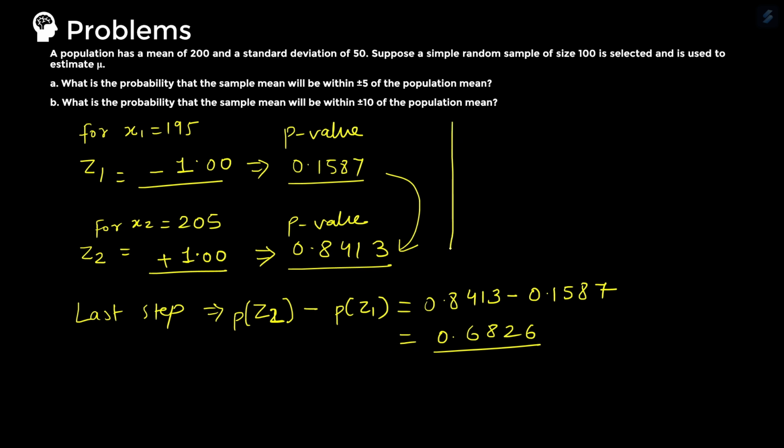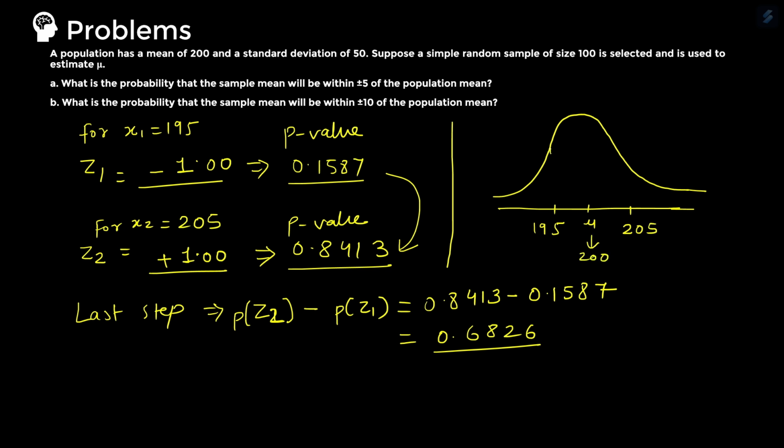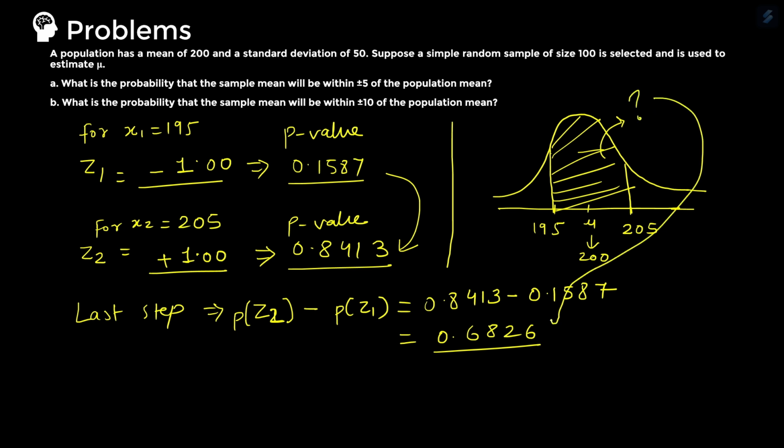It means that the diagram which we drew just now, where in the middle it was mu, here we had 195 and here we had 205, in the middle we had 200. We shaded this portion only. This much portion we wanted to calculate, and just now we did that magic.